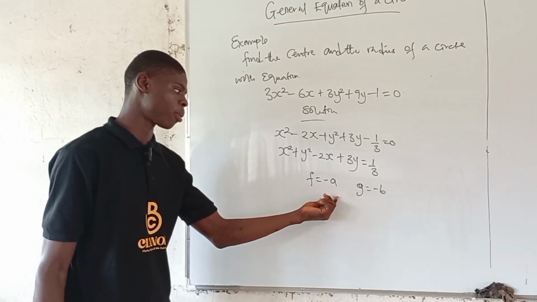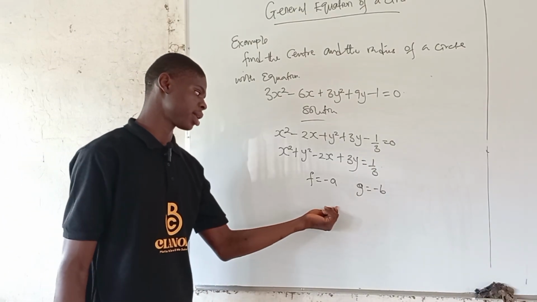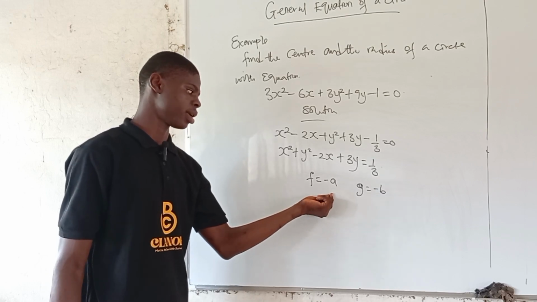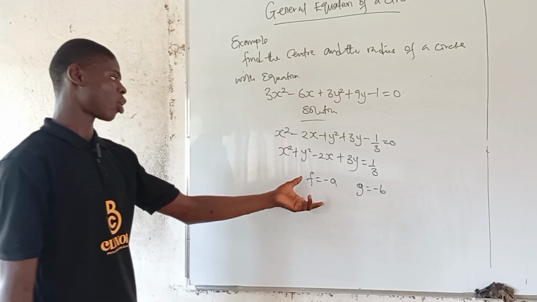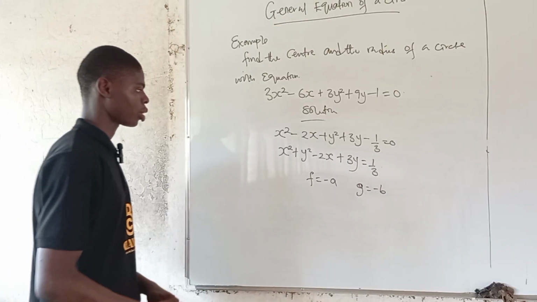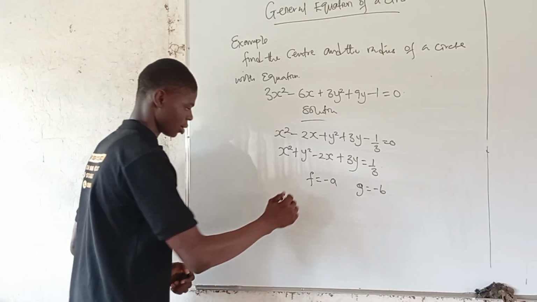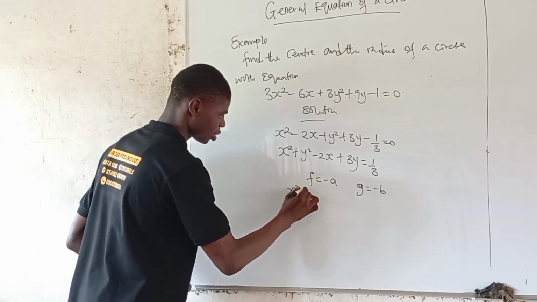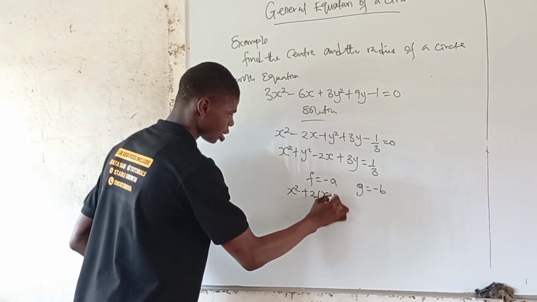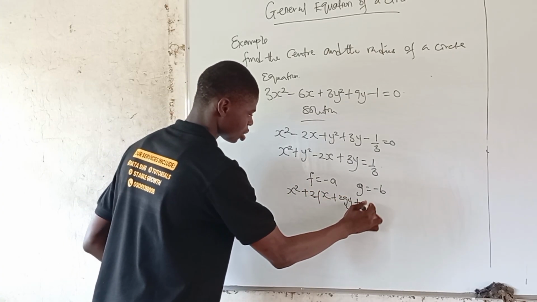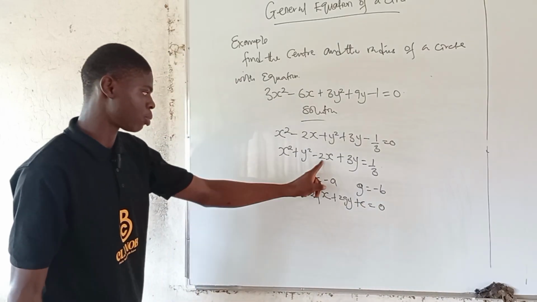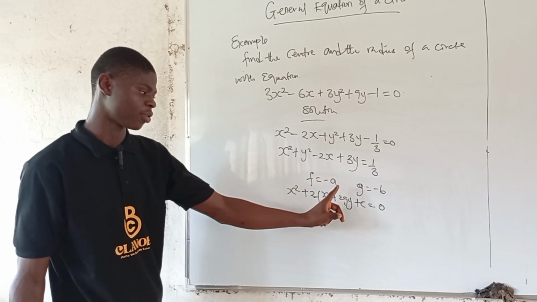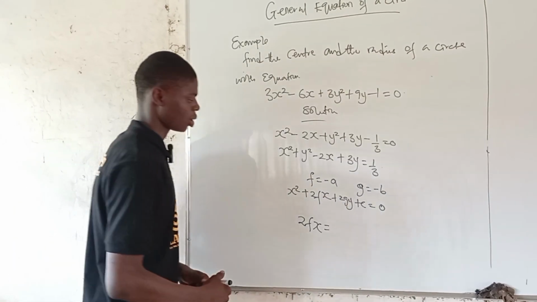Having these two components, we can find the center of the circle, which is just a and b. So if we compare these two, we're going to have negative 2x. Remember our equation is x squared plus 2fx plus 2gy plus c equals 0. So we are comparing these to look for the value of f, and if we can get the value of f, we can find our value for a.